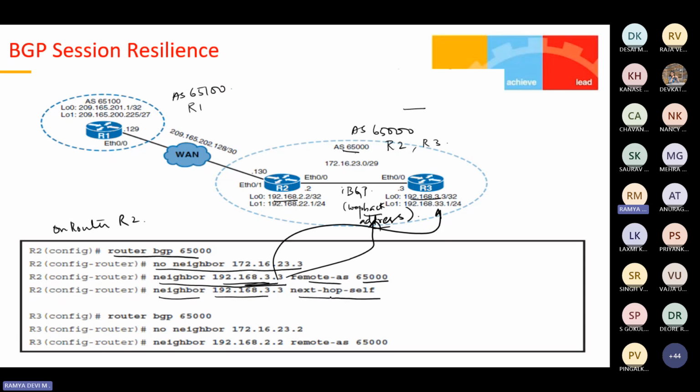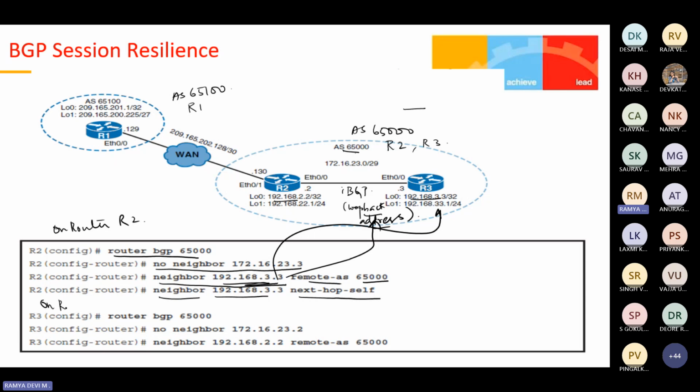This ensures R2 advertises itself as the next hop when sending routes to R3. This avoids routing problems where R3 might otherwise try to reach an unreachable next hop. We have already seen next-hop-self in the previous class.